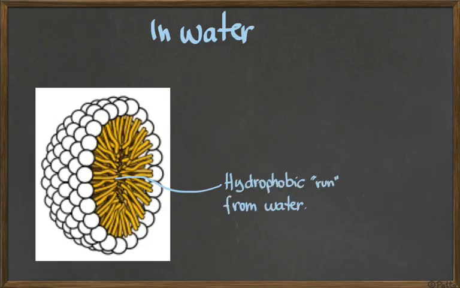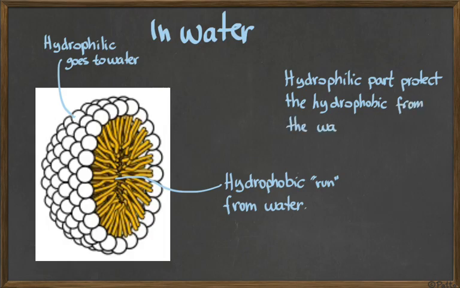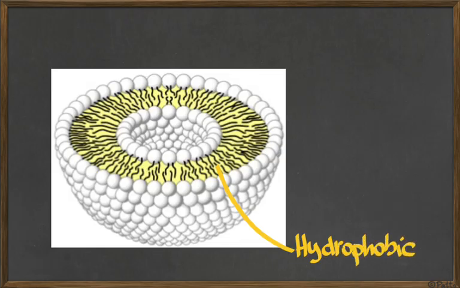So the hydrophobic part that runs away from water and the hydrophilic part that meets water are going to have to make an arrangement, okay? So in this example here, the hydrophilic part protects the hydrophobic from the water. That's how it works. But if I put more water over here, then I will need more hydrophilic heads to protect it. And this is what's going to be happening.